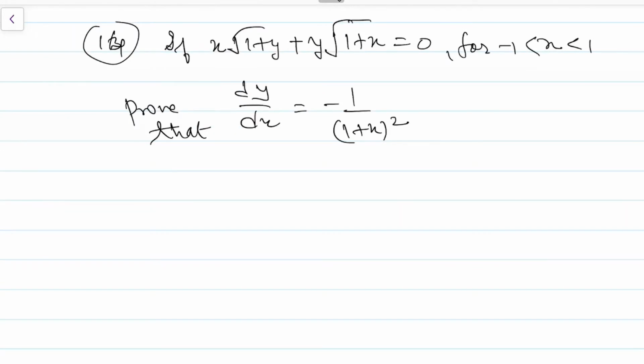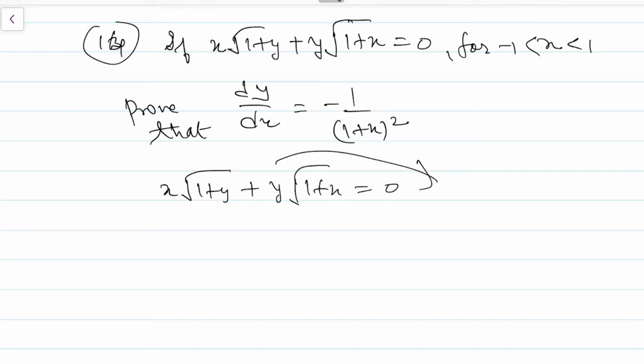So here we have given x into under the root 1 plus y plus y into under the root 1 plus x is equal to 0. We'll transpose this to the other side. Now we'll have x into under the root 1 plus y is equal to minus y into under the root 1 plus x.